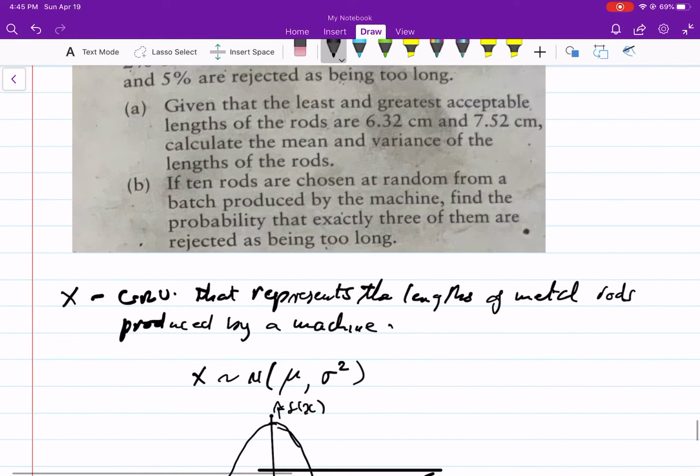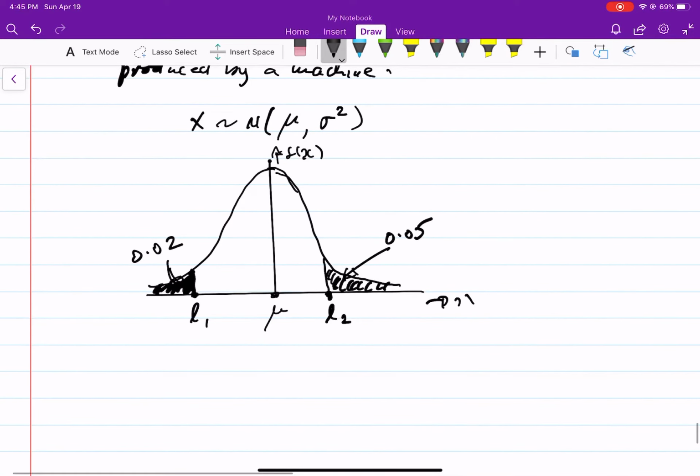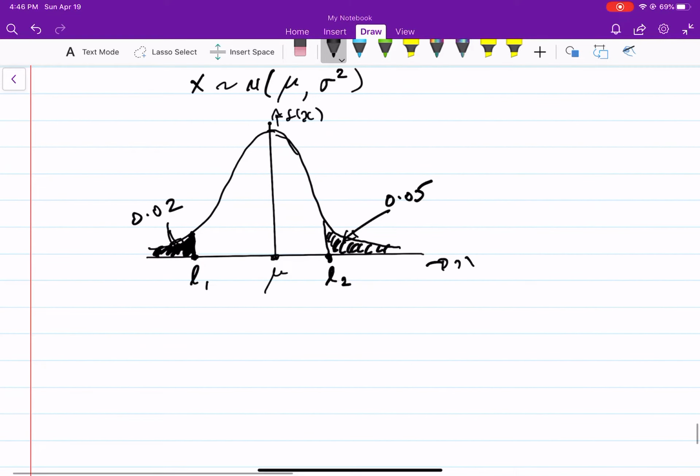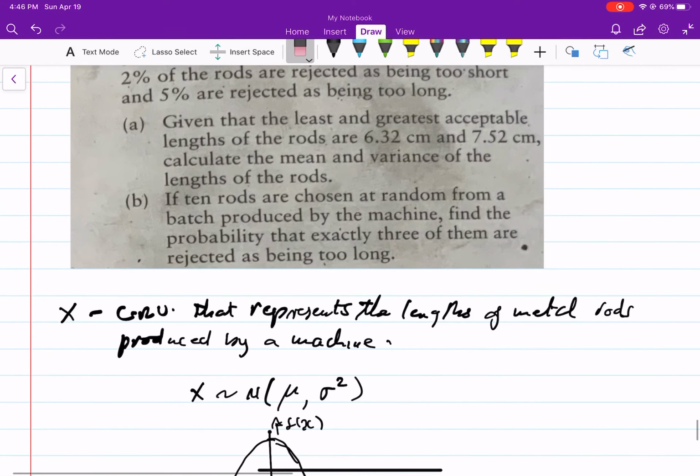The least and greatest acceptable length is 6.32. So this L1 is actually the 6.32. And this L2 is 7.52.